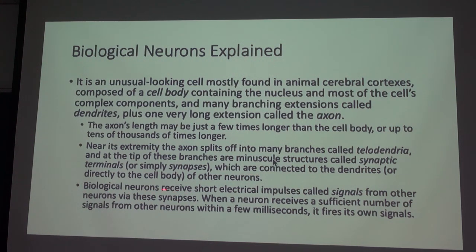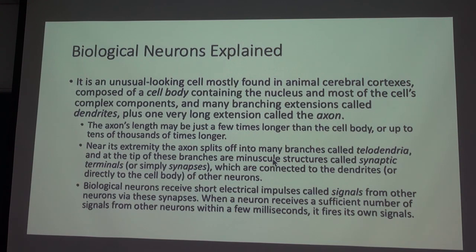Biological neurons receive short electrical impulses, or signals, from other neurons through these synapses. When a neuron receives a sufficient number of signals from other neurons within a few milliseconds, it fires its own signal.